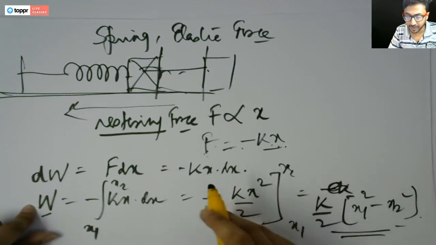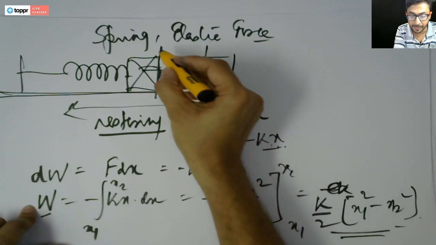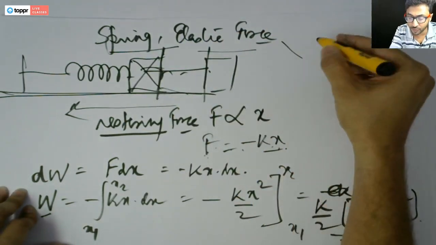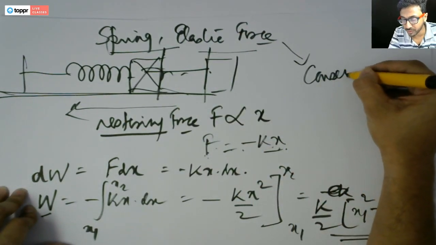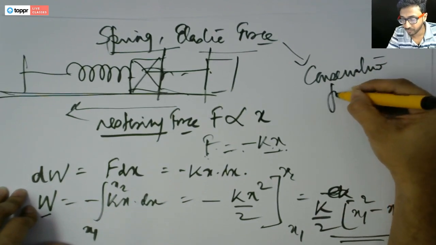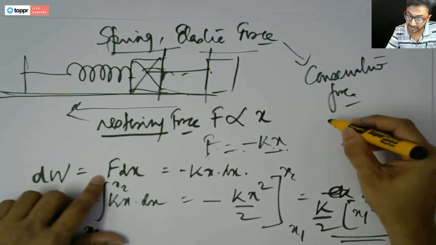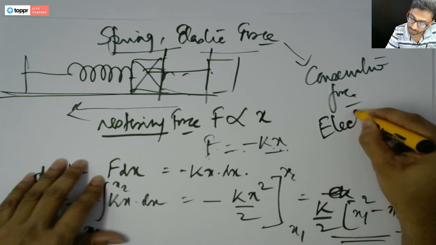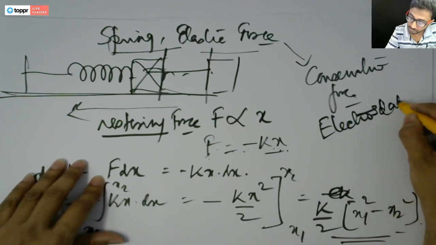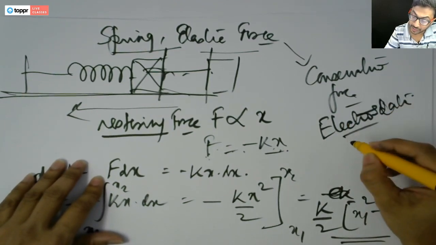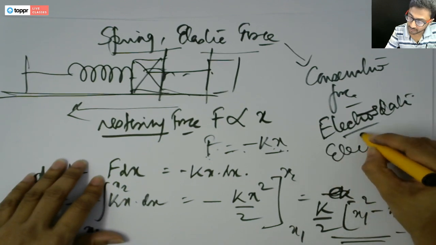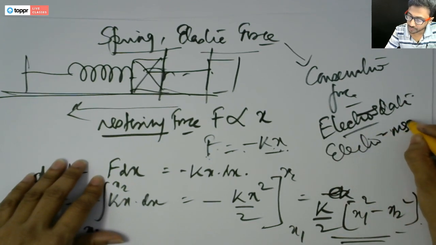By this way we can find the work done in a spring, and you will see this spring elastic force is also a conservative force. Electrostatic force, electromagnetic force, all these are conservative force systems.